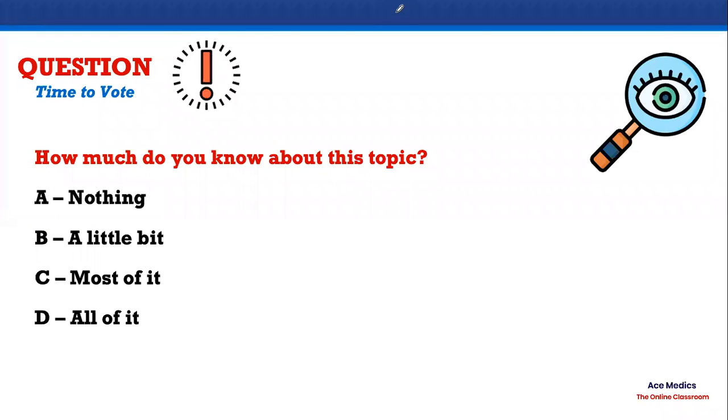Before we start actually looking at stuff, I just want to get an idea of how much you guys know about this topic already. So I'm going to put up a poll. Maybe put in the poll how much you know about energetics already. Do you know most of it? Do you know just a little bit? Are you an expert at it?